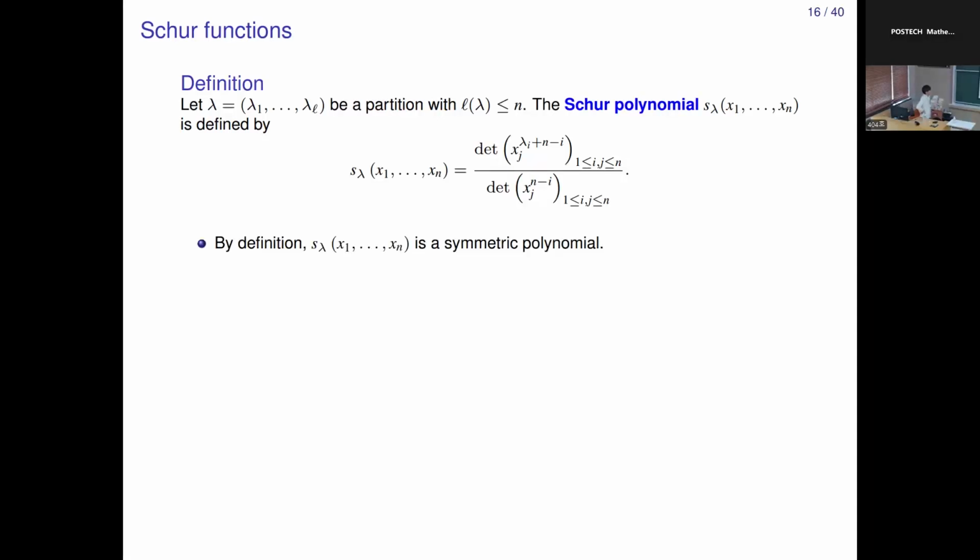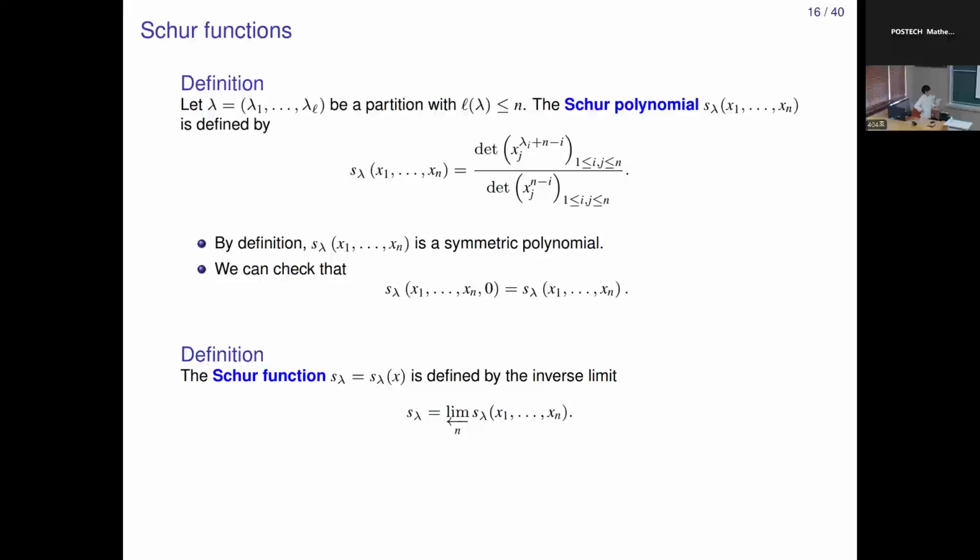And you can actually check that if there are more variables, suppose that there are n plus 1 and you put it into this definition, and if you substitute xn plus 1 equals 0, then it's the same thing as this one. And if you have a condition like this, then we can define the Schur function with infinitely many variables using the inverse limit. This can be done because of this property.